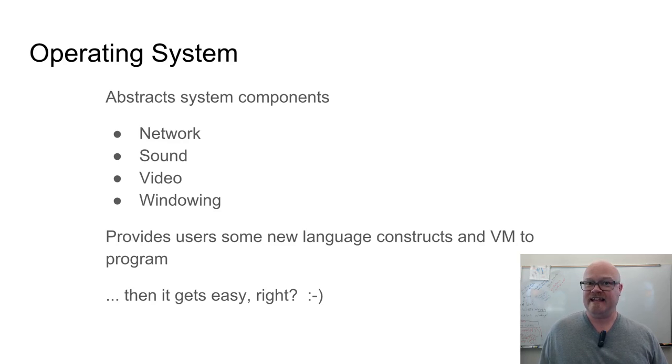Now that's not to say I don't want you to consider writing low-level code, but low-level code should be left to rare occasions, and instead we want to focus on that higher-level code.